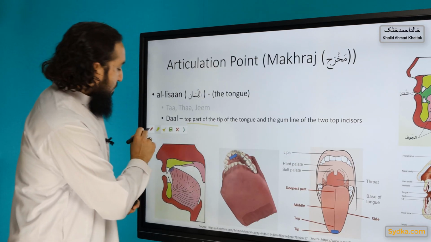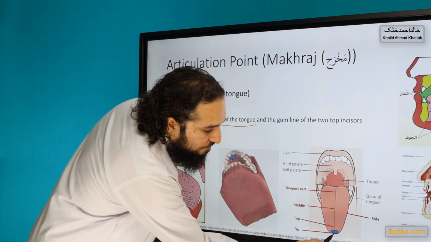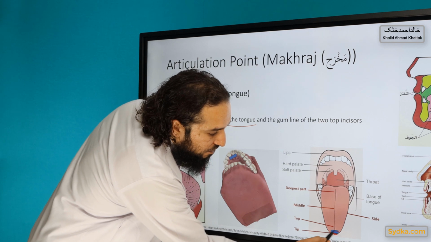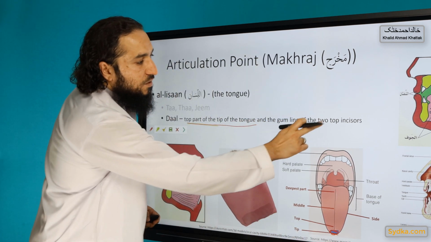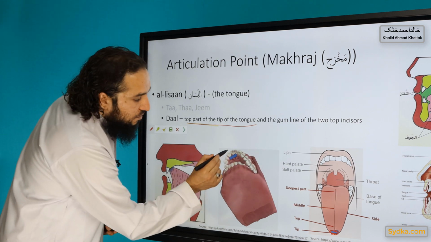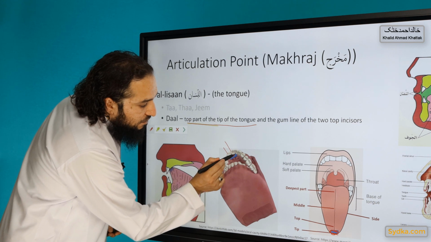Top part of the tip of the tongue. So if this is the tip and this is the top part of the tip, it says the gum line of the two top incisors. So this is 1, 2, we have two incisors and this is the gum line.